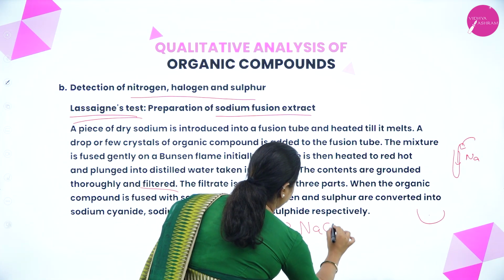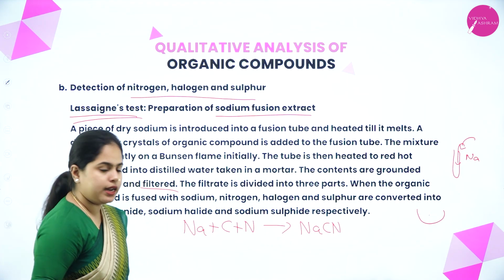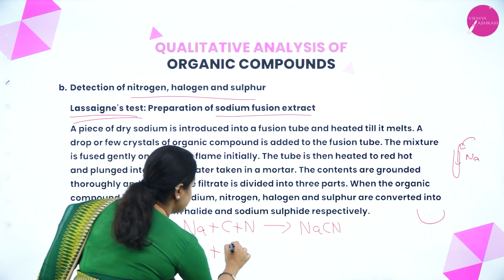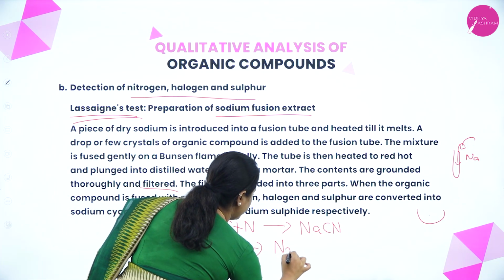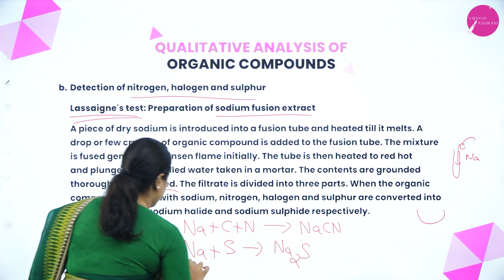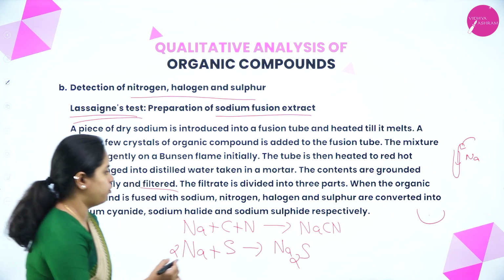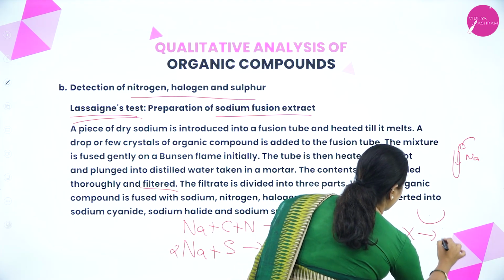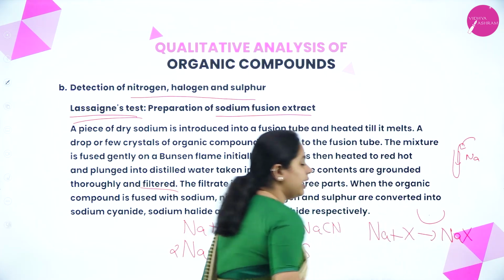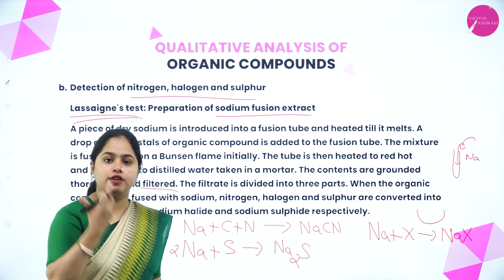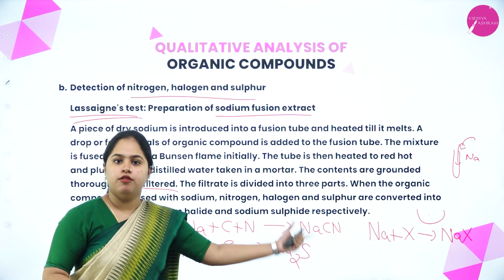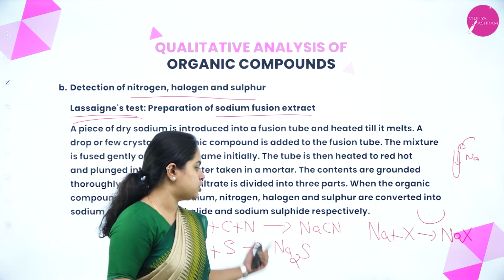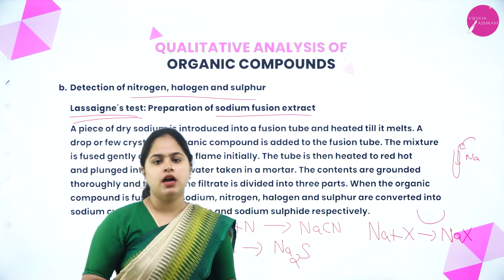If it contains sulfur, sodium sulfide will be formed. And if it contains halogen, sodium halides, NaX, will be formed. So the filtrate will contain either sodium cyanide, sodium sulfide or sodium halides. I hope it is clear.